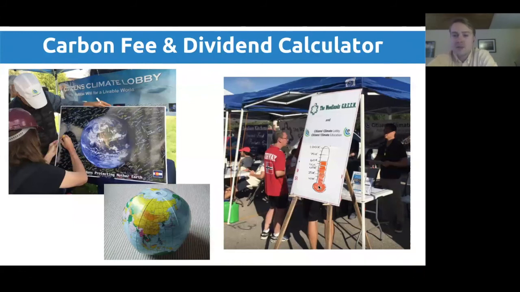Now, obviously, there's a whole bunch of other ideas that can come out of that. One thing with the Carbon Fee and Dividend Calculator that I think is really important to mention: right now, in the development phase, there is no way to use it unless you have Wi-Fi. So if you want to include that in your tabling element, there are plenty of wonderful videos and other online activities that people use already.